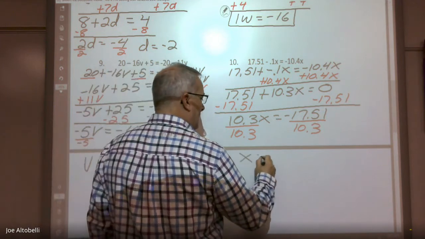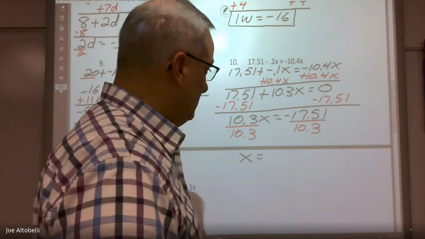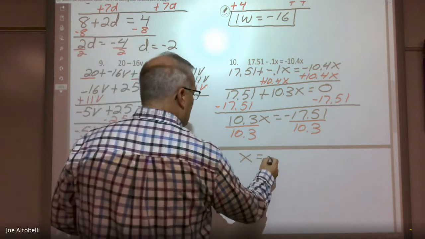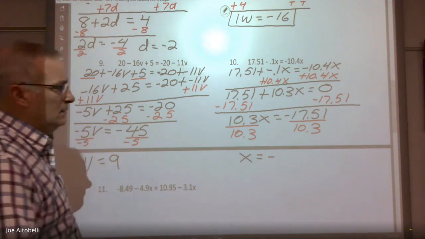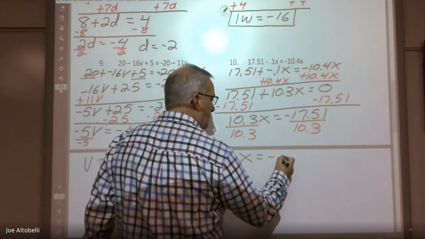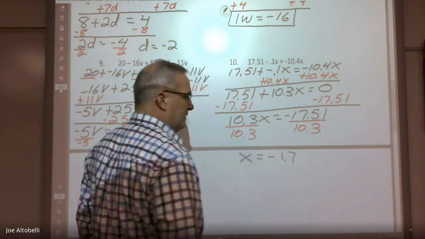And we will get x equals a negative 17.51 divided by 10.3 equals negative 1.7.